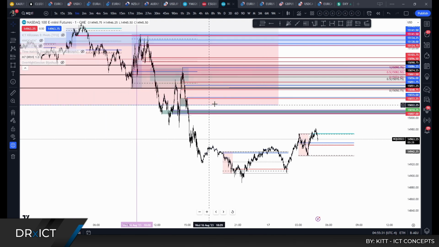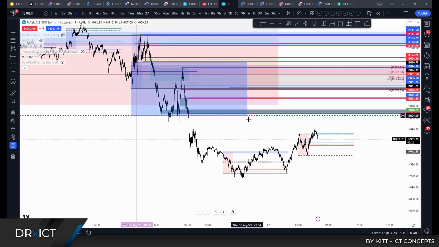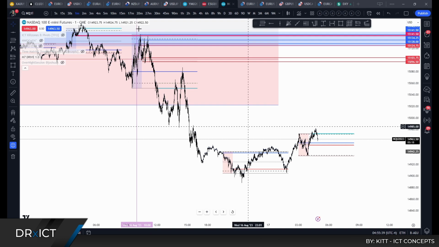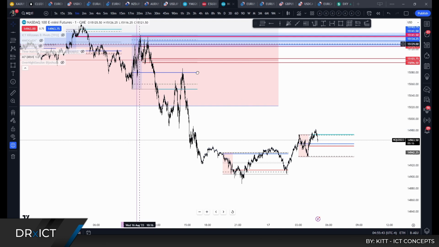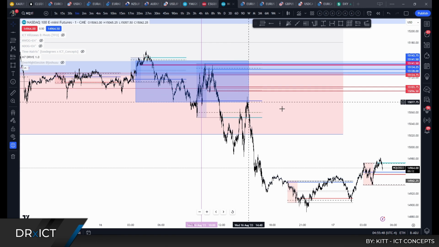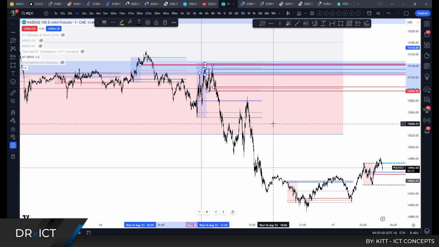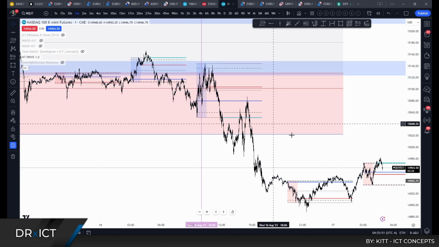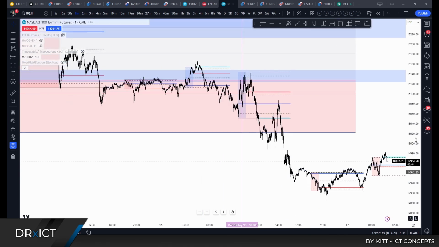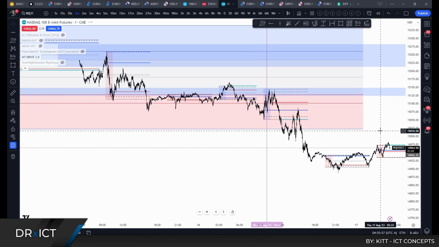Jeez, I still got all this stuff here from reading order flow yesterday. 3-day low.